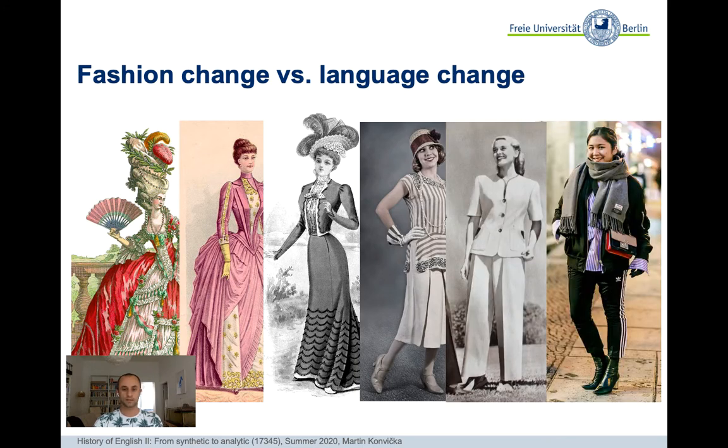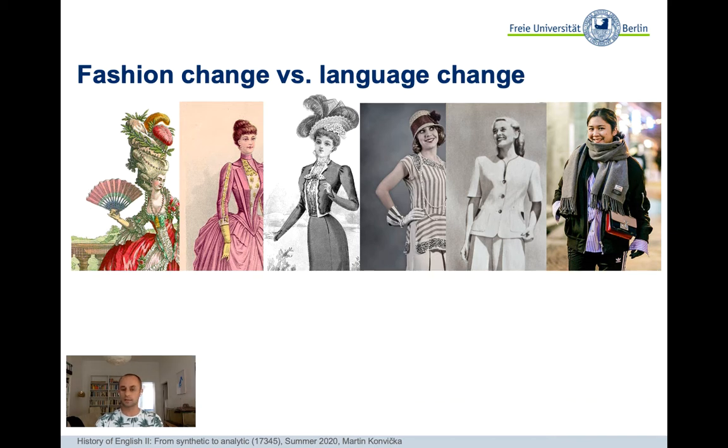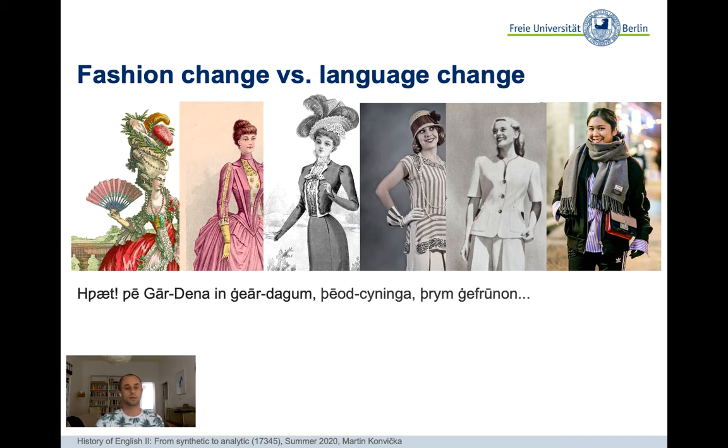We can actually see there are similarities between the different periods and between the different styles, right? There are always things that these women wear that they have in common, but then there are obvious differences. And we can actually say the same thing about the development of language and about language change, right?